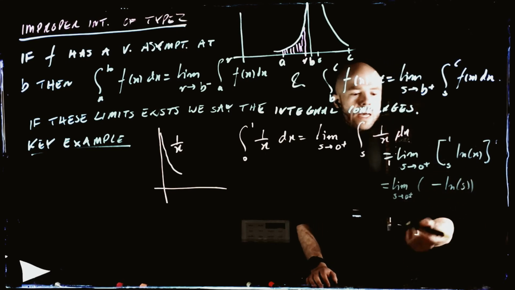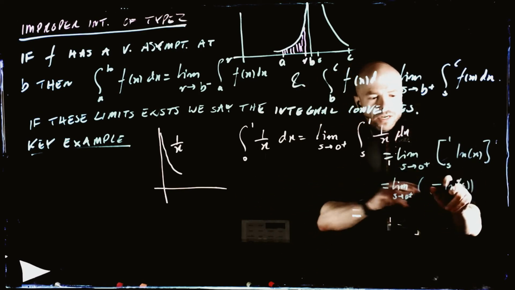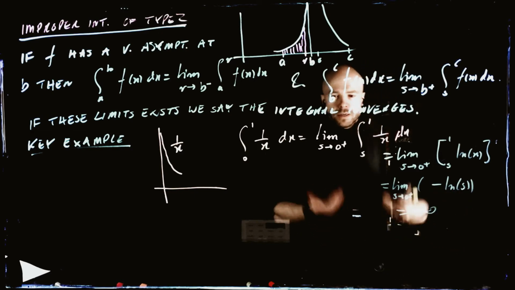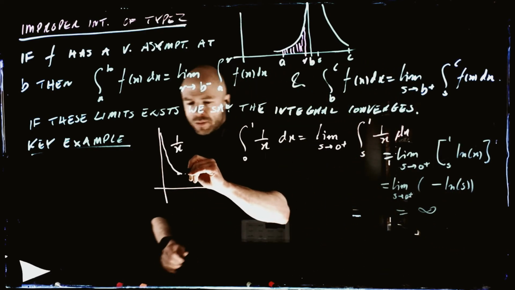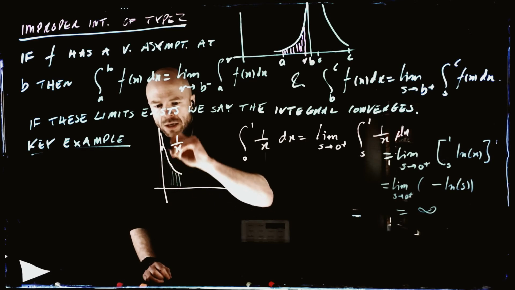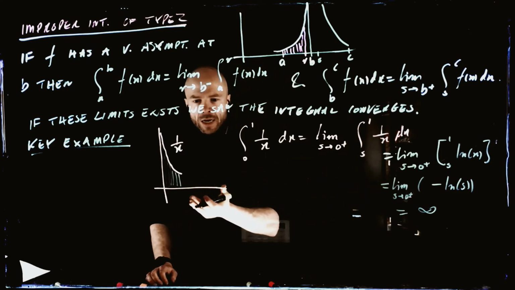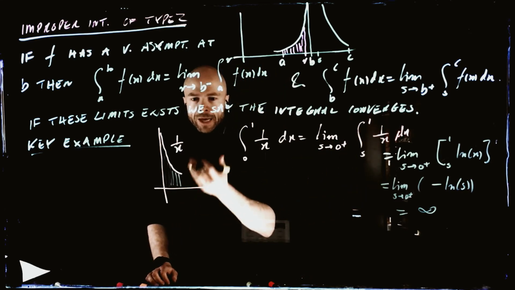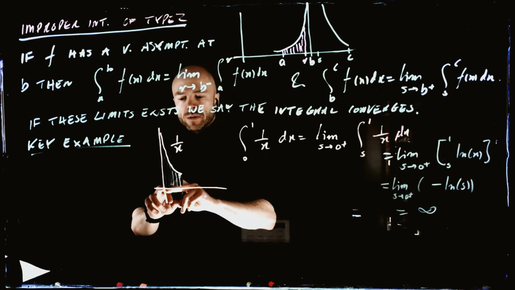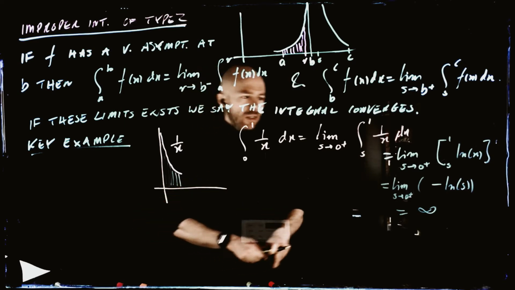And as s goes to 0, log of s goes to minus infinity, so this is just going to be infinity, so it doesn't exist as a number. So we have an infinite amount of area underneath the graph. We started at 1, but we could have started at any number, it doesn't matter. There's an infinite amount of area underneath the graph of 1 over x from 0 to anything. So this does not converge.